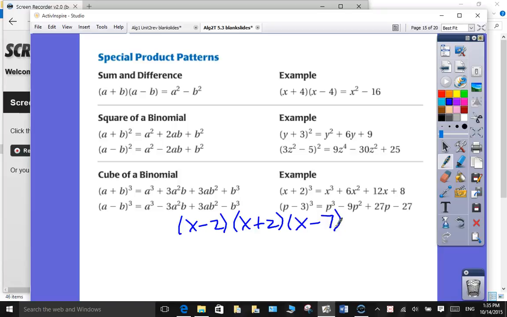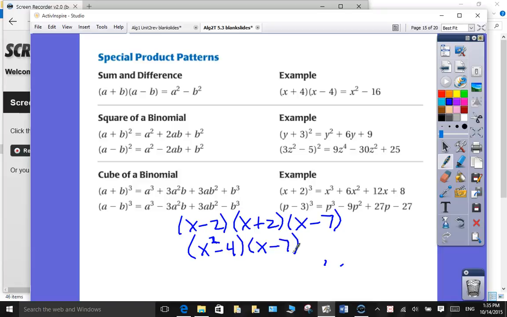If you're asked which 2 you want to multiply first, you would absolutely say, let's do (x - 2) times (x + 2), because that's the factoring of a difference of squares. I would just immediately go to x squared minus 4 times (x - 7). So recognizing the special pattern might help you out.